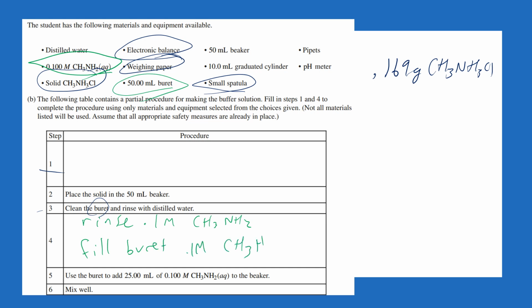You want to make sure that there's no excess water left over in your burette. So you want to rinse it with the titrant first. I say titrant, but rinse it with the substance that you're trying to dispense first, and then fill it with that substance to make sure it's really accurate. And that should be it, because then step 5 says to use the burette to add 25 milliliters to the beaker. And so you are done there with step 1 and step 4.